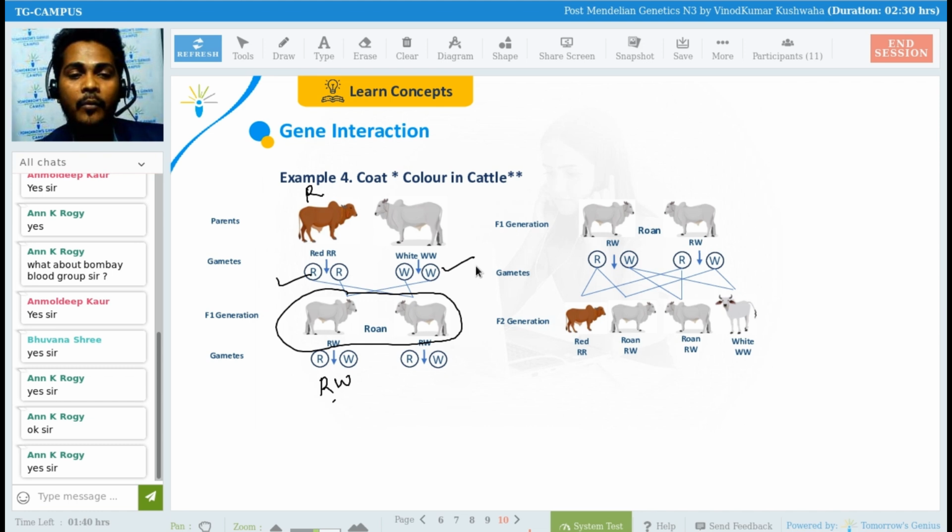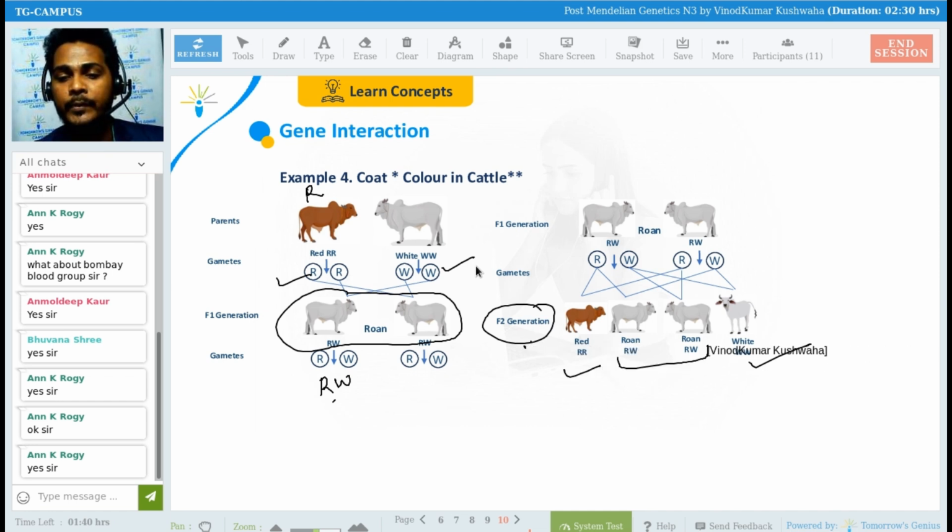Now when these roan coat color cattle are crossed further, what happened in the F2 generation? Red, roan and white cattle are produced. So you can see here in the next, this is the F2 generation. In this F2 generation, red color, white color along with roan color are produced.